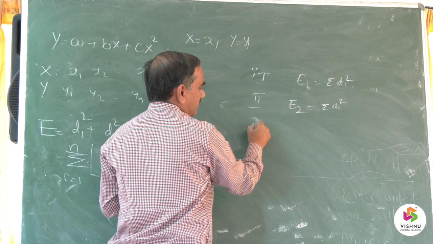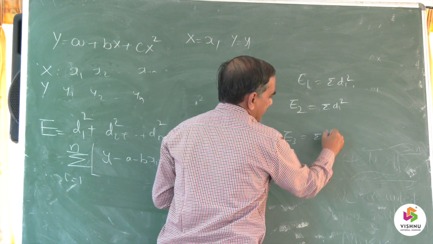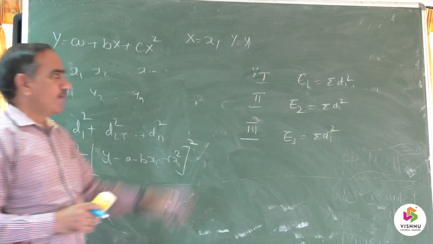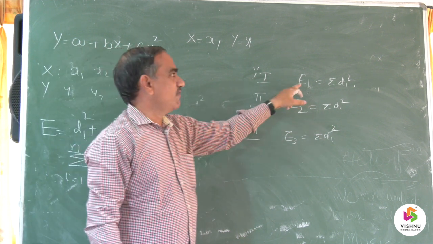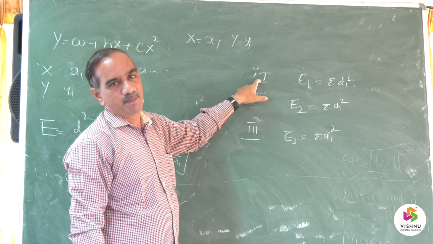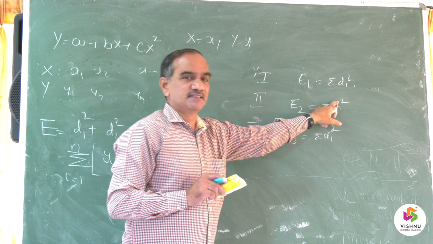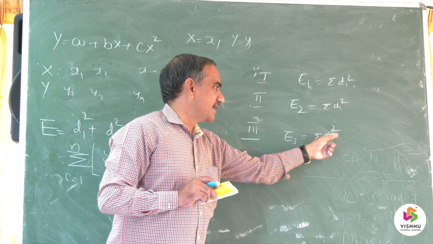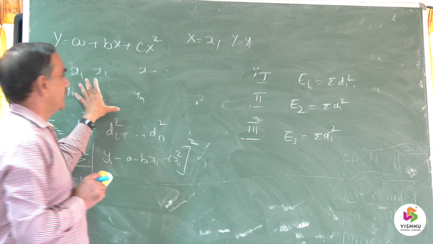If we choose the third curve as the best fit, then once again we have some square of the differences, sigma di square. Out of the family of curves, which curve has the smallest total error? If E1 is the smallest square of the differences, then choose the first curve as the best fit. In case E2 is the smallest, then the second curve is said to be the best fit. Similarly, if sigma di square in the third case has the smallest value, then the third curve is the best fit to the given data.